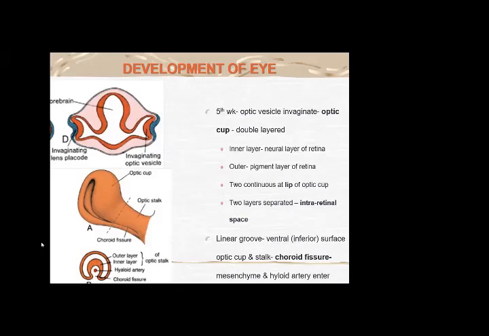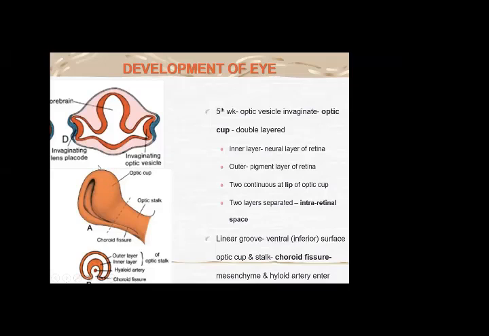This is the optic stalk. As I told you, as the optic vesicle enlarges, the distal end dilates while the proximal end remains narrow. As it grows laterally, this narrowed part elongates and develops into what is called the optic stalk.